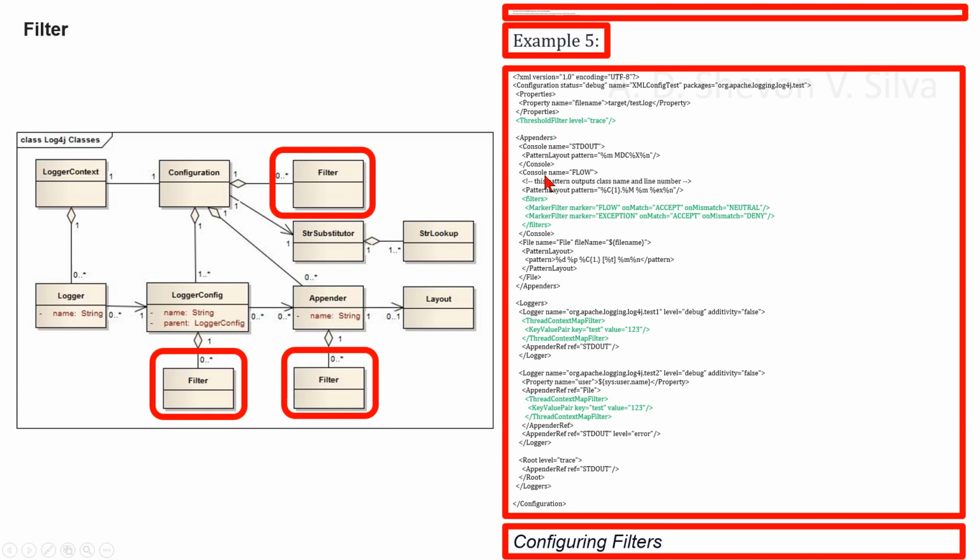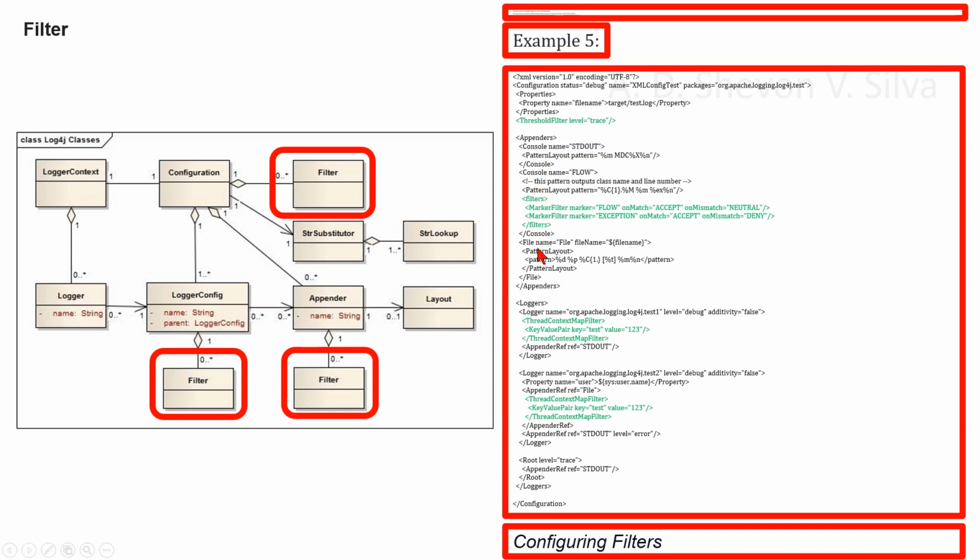Number 2, in a logger element, these filters can accept or reject events for specific loggers. Number 3, in an appender element, these filters can prevent or cause events to be processed by the appender.